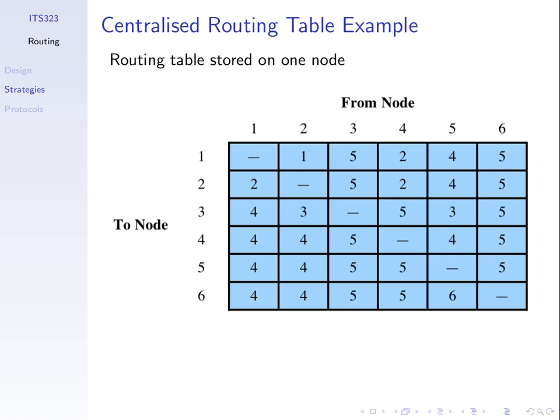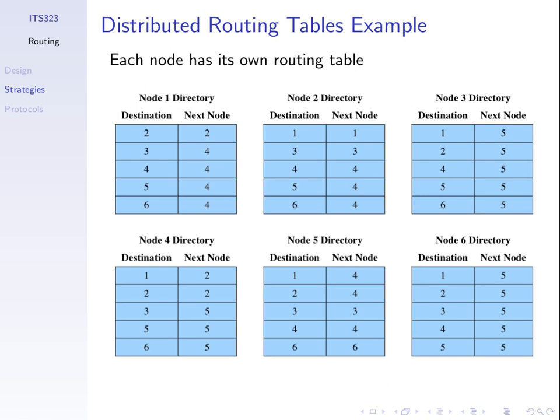That is simply the first table here. And the next column in the previous slide is the second table here. That is this information. So we can either store the information on one special node, a centralized approach, or more commonly today, in larger networks, store it distributed across each of the nodes, which is this approach.